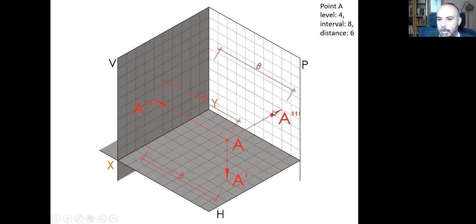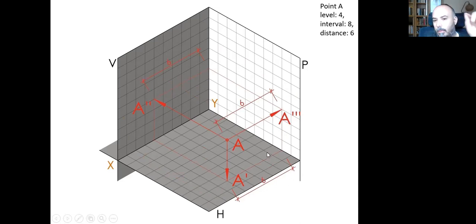And here we see the same length between A triple prime and this vertical line. The distance, the perpendicular length between A and A triple prime, 6 squares, is equal to the perpendicular length between A double prime and this vertical line, and A prime and this horizontal line. They are both 6 squares.